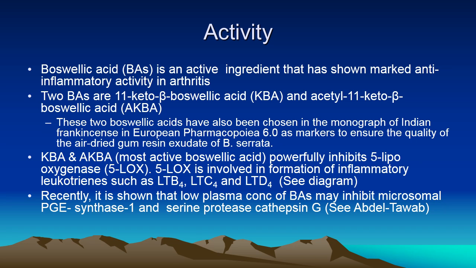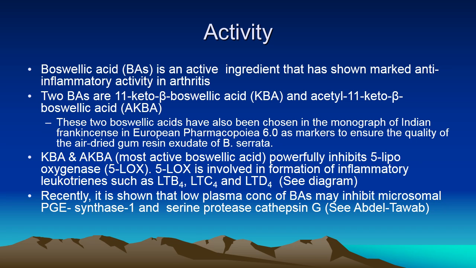Boswellic acids in toto form the active ingredient, and they have exhibited marked anti-inflammatory activity in osteoarthritis. And AKBA in particular and KBA also have greater activity than other boswellic acids.